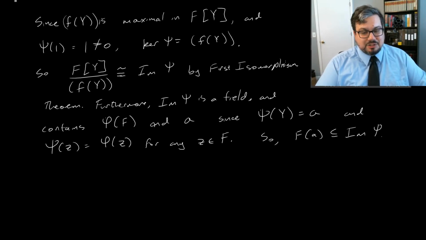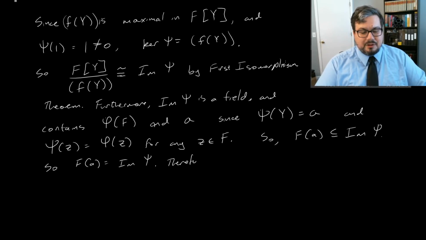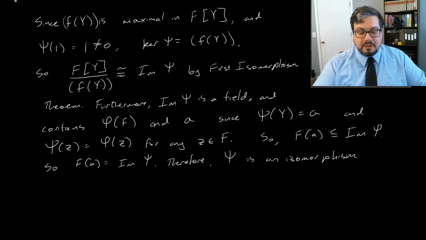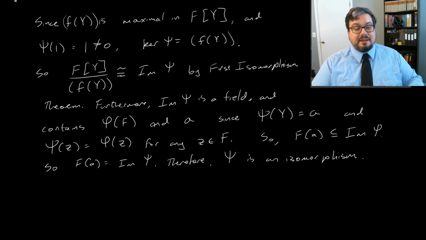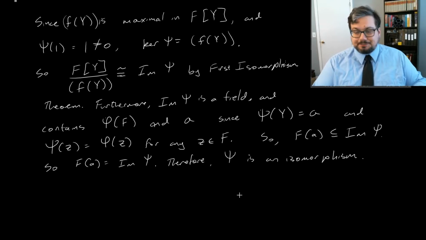But by definition, psi only went into F of a, and so F of a is equal to the image of psi. Therefore, psi is an isomorphism. And that proves the first part of the statement.